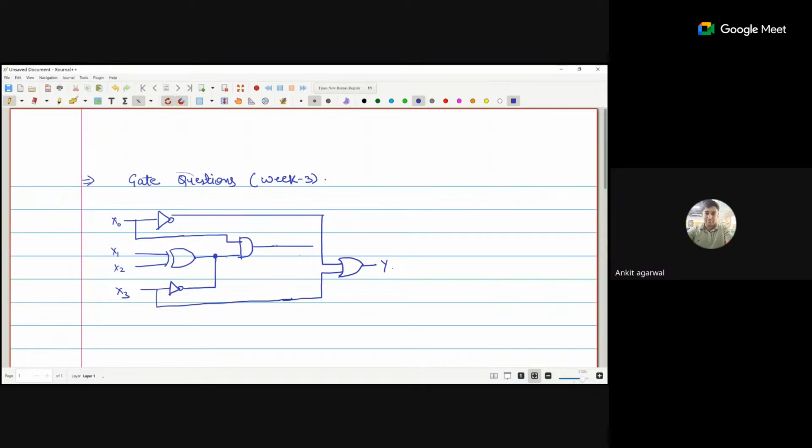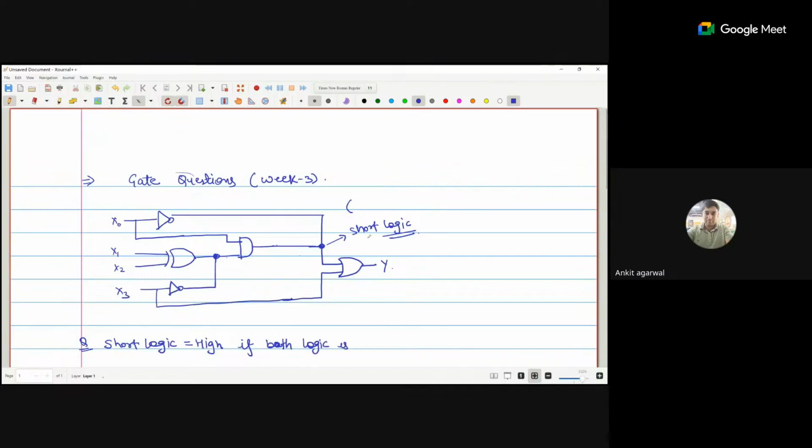Now, this one is a short logic. Basically, what is short logic? It is explained in the question: short logic is high if both logic is high.